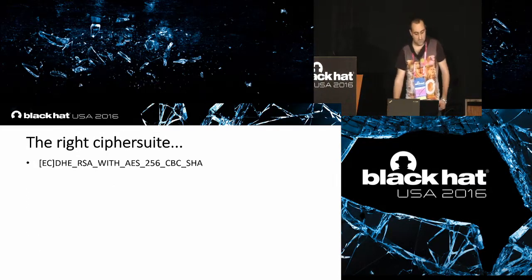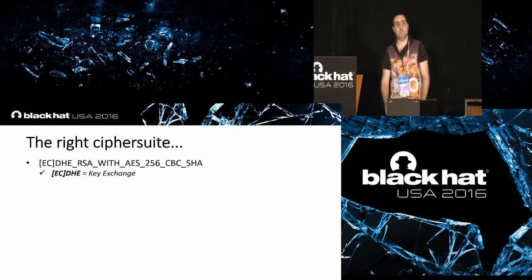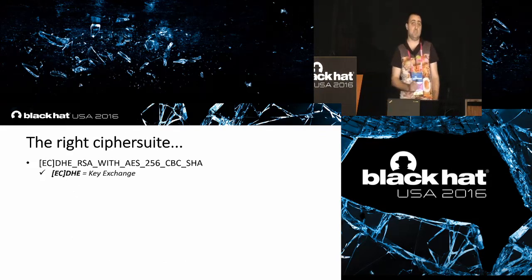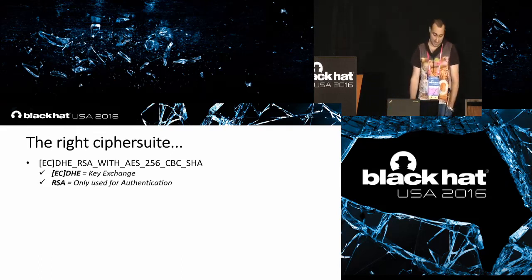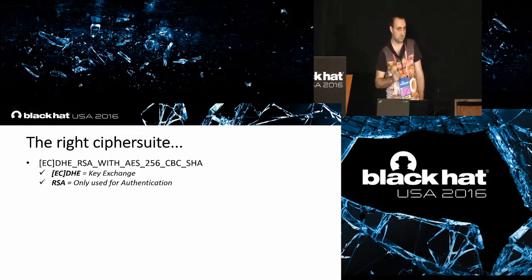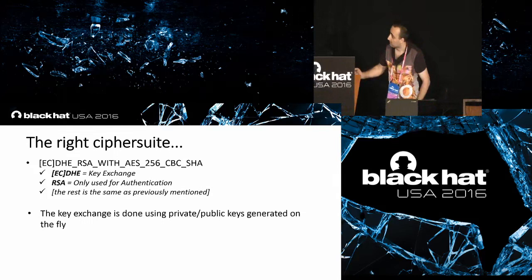What if instead we use this kind of cipher suites? Here, elliptic curve Diffie-Hellman ephemeral, or Diffie-Hellman ephemeral only, is used as key exchange mechanism. Instead, RSA is only used for authentication. This is very important. The rest is the same and doesn't matter.